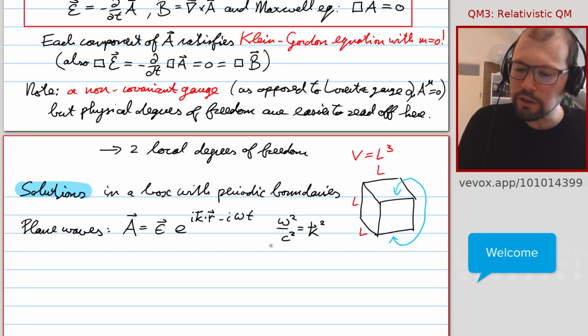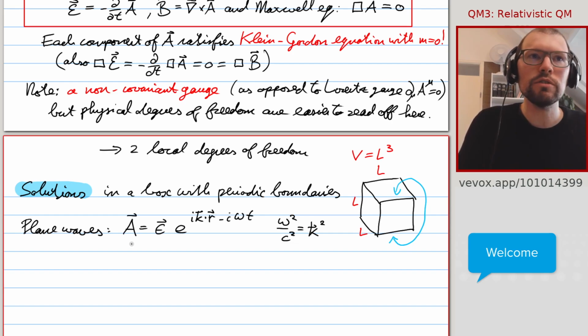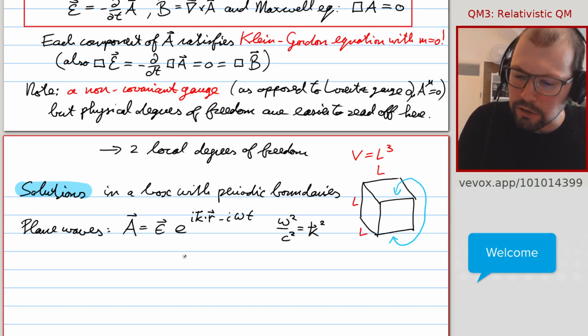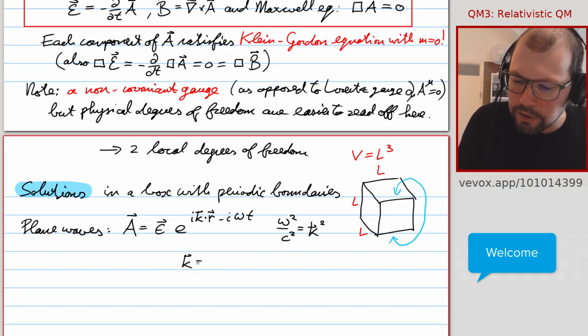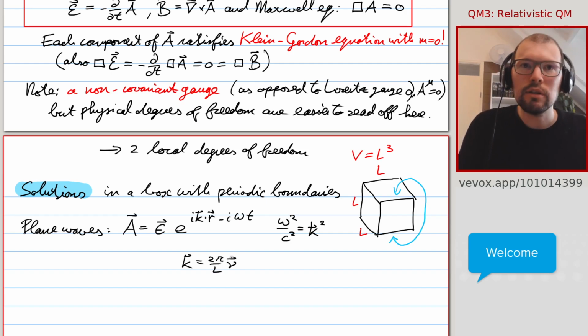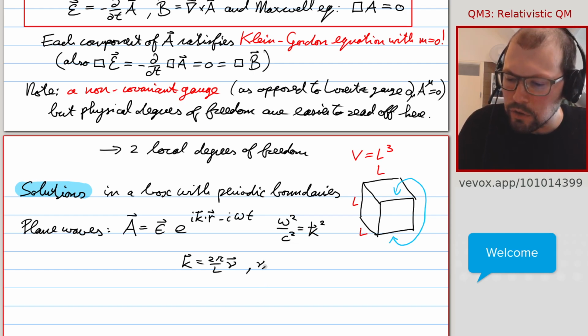So it's useful here to now parameterize these plane waves by the wave vectors. And the wave vectors, of course, in order for this to be a periodic solution, they have to be 2 pi over L multiples of some wave integers, u1, u2, u3.